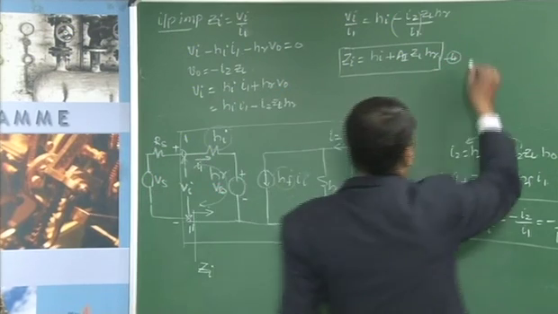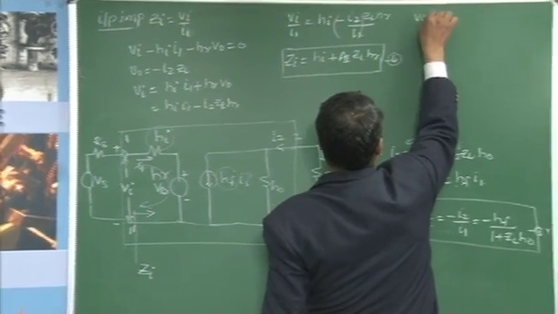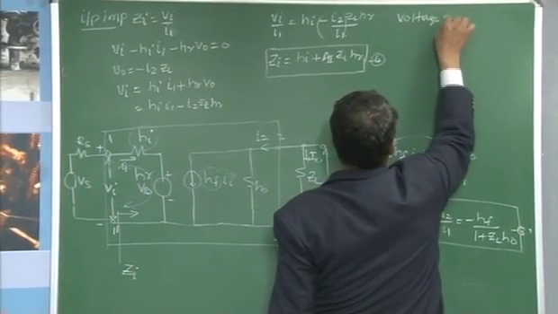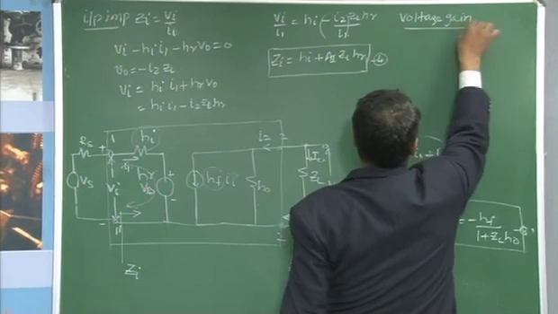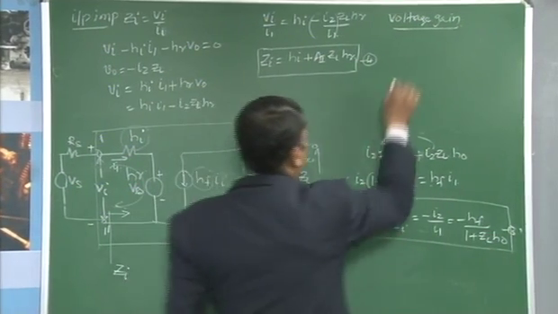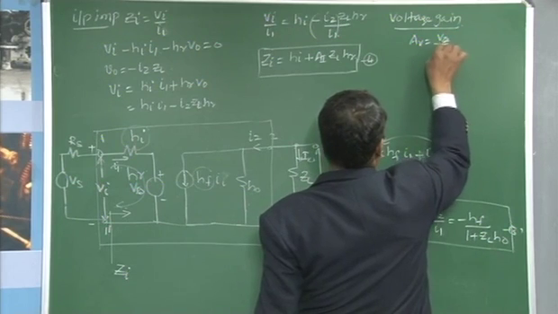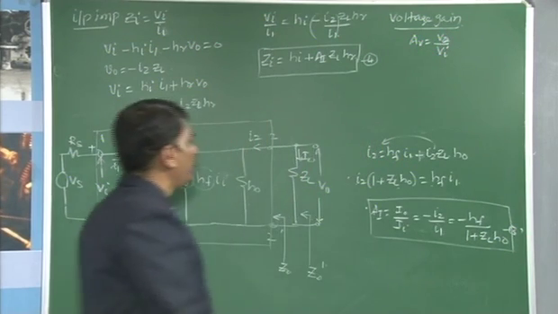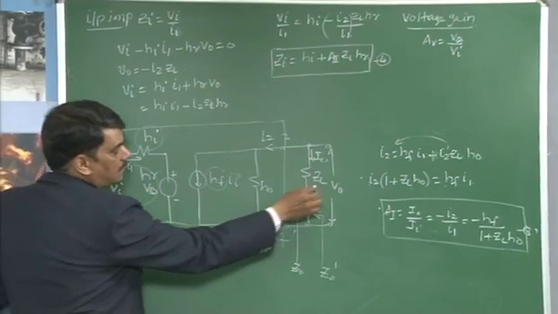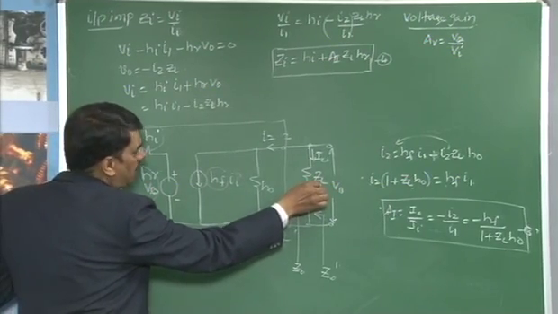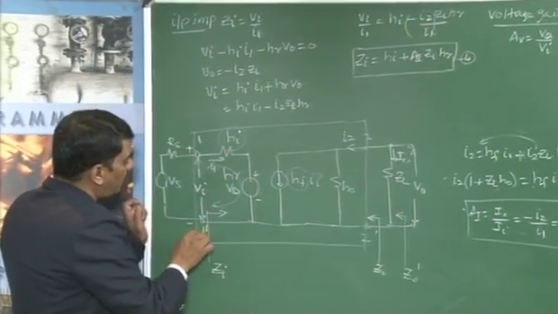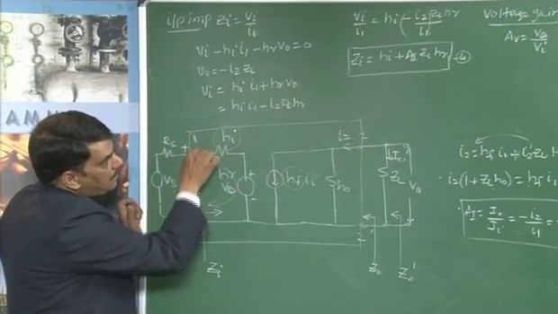Next, we have to determine the voltage gain. The voltage gain Av is equal to V0 by Vi by definition, where V0 is the voltage taken across ZL and Vi is the voltage applied to the terminals 1, 1 dash.